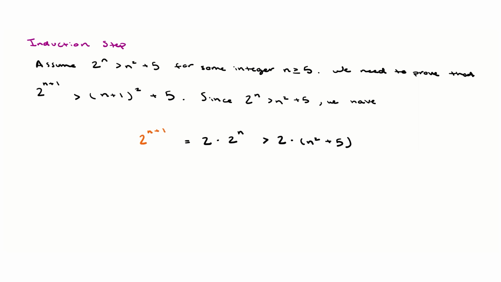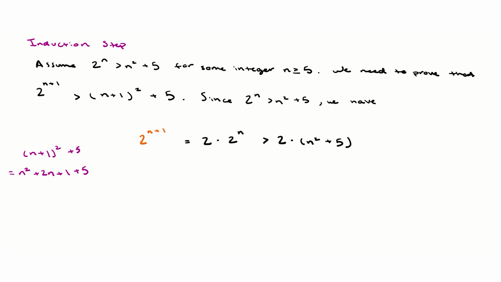Now note that, and this stuff in purple is not a part of our formal proof, n plus 1 squared equals n squared plus 2n plus 1. And n plus 1 squared plus 5, we can add the plus 5 back in there, equals n squared plus 2n plus 1 plus 5.